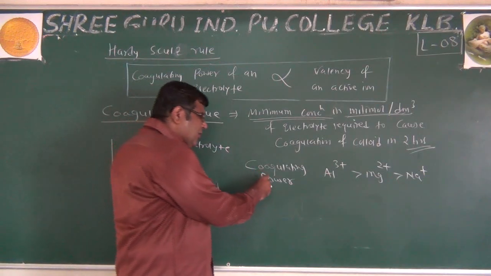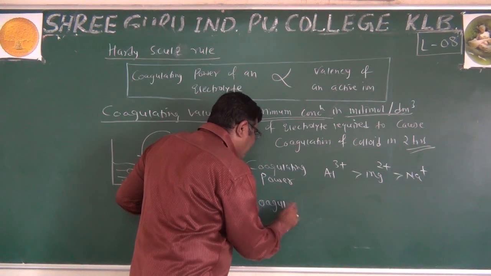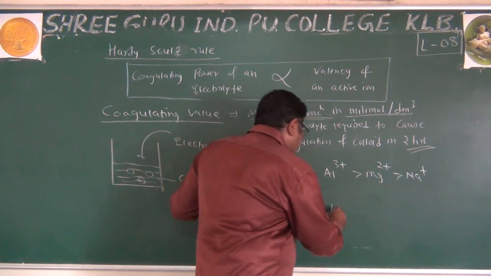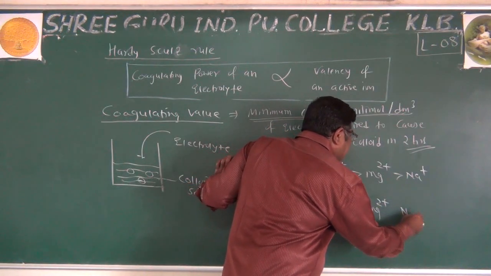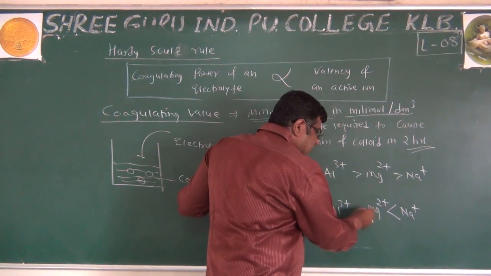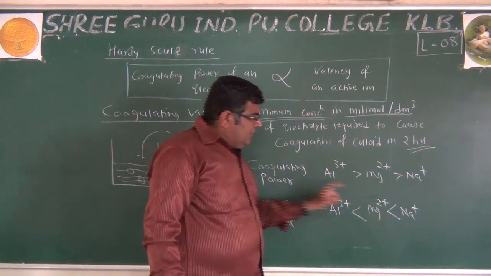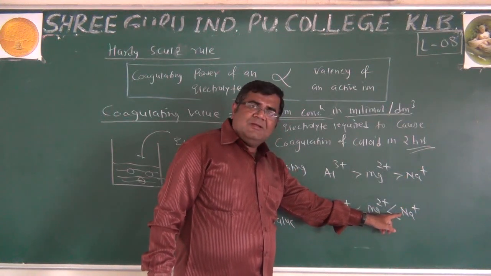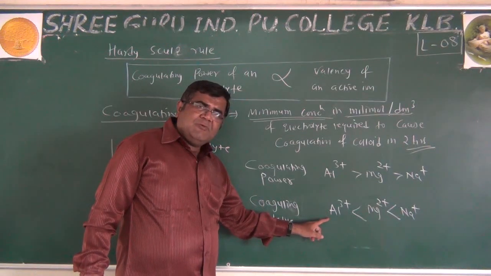So if we have this order of coagulating power, what is the order of coagulating value? Again I am writing this, Al3+, Mg2+, Na+. More Na+ is to be added than Mg2+ than Al3+, because its capacity is less, more is required. Its capacity is more, less amount is required.